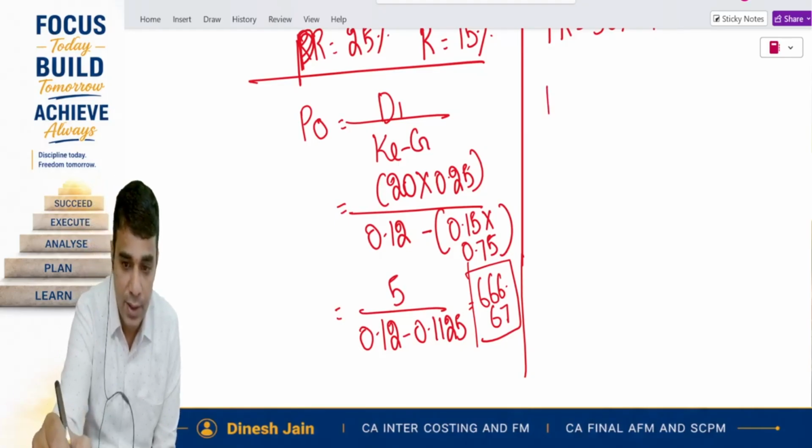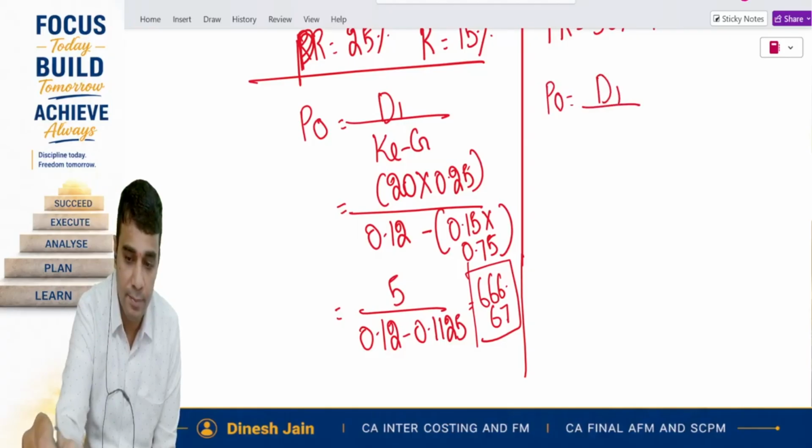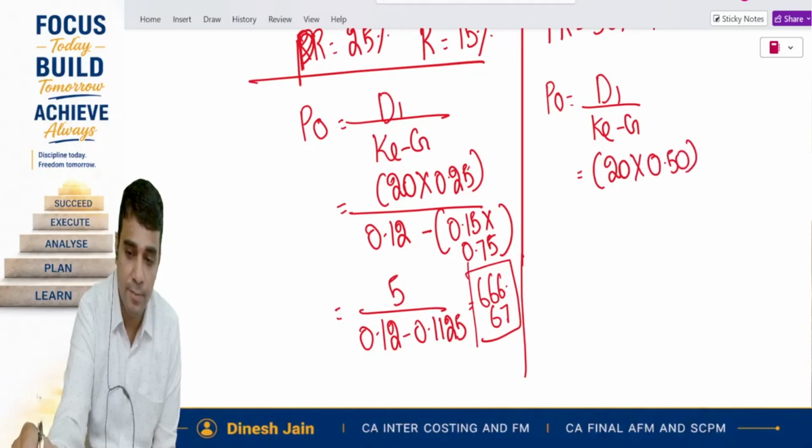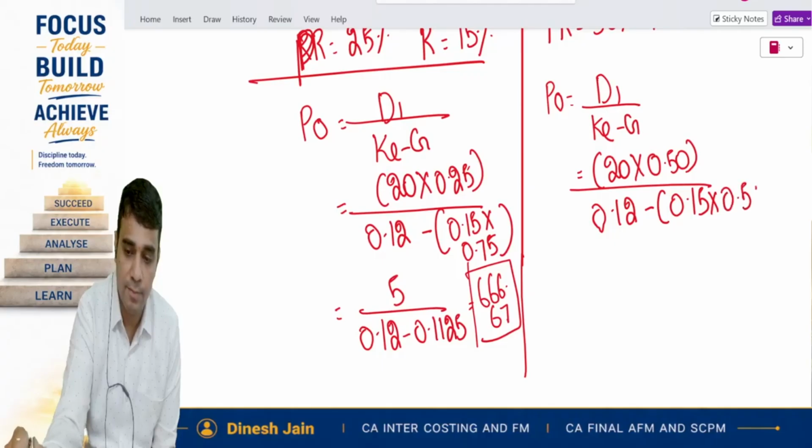Other side P naught is equal to D1 by KE minus G. What's the payout ratio now? Into 0.5, again into 0.5.